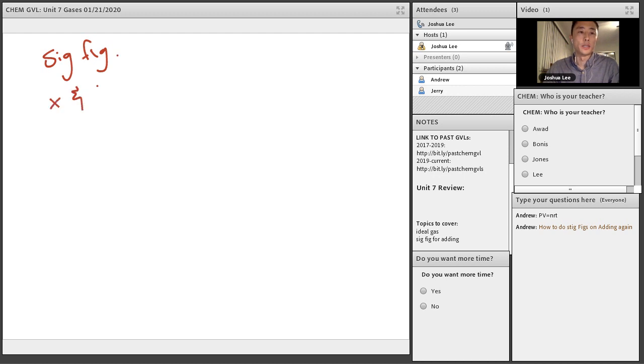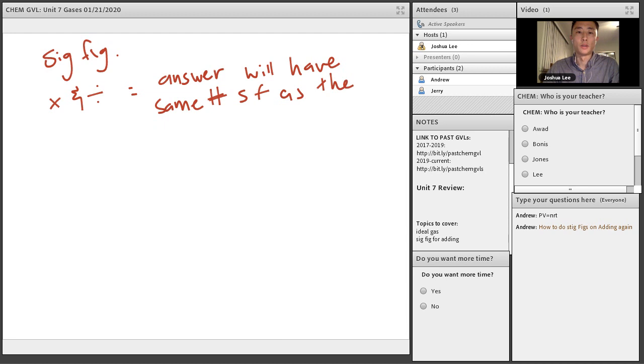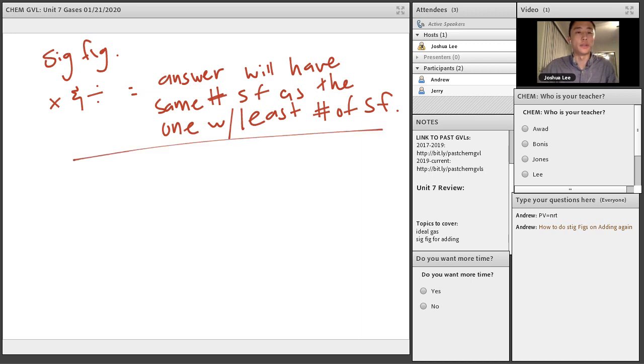For multiplying and dividing, you just look at all of your numbers, and your answer will have the same number of sig figs as the one with the least number of sig figs. So adding, subtracting, or multiplying, dividing, easy.